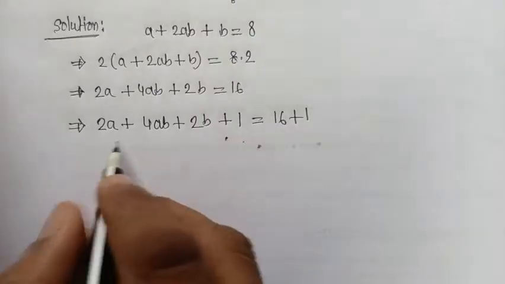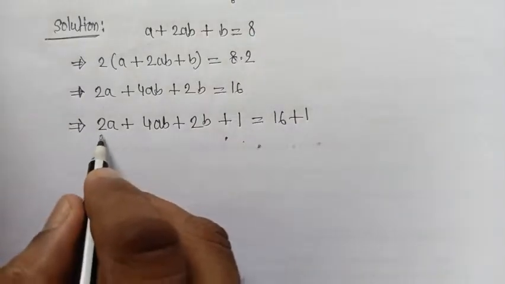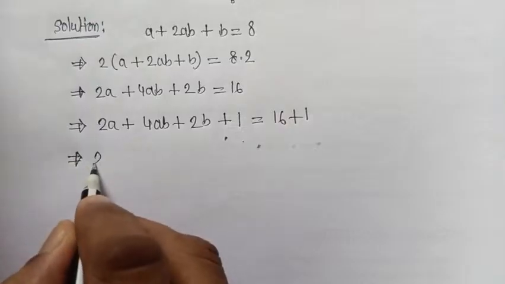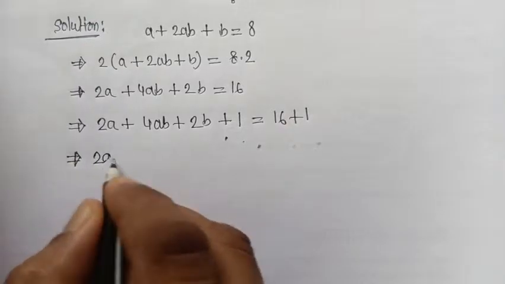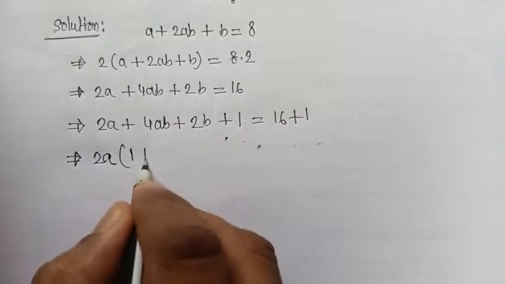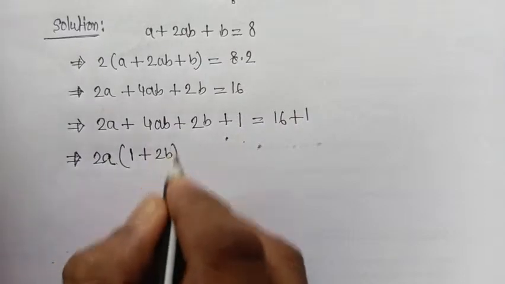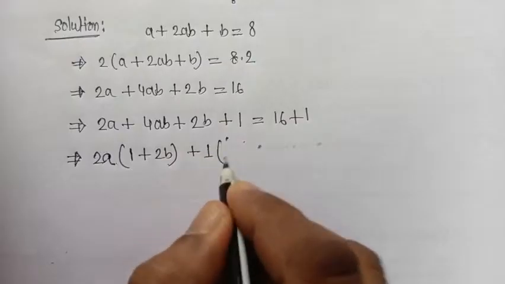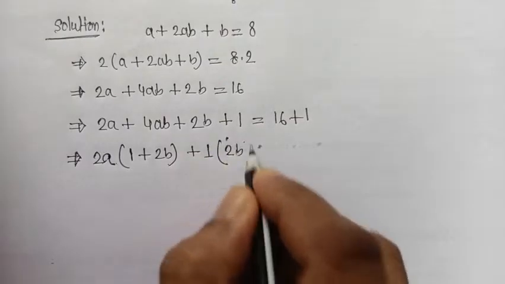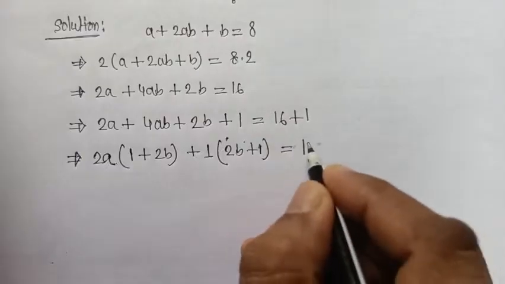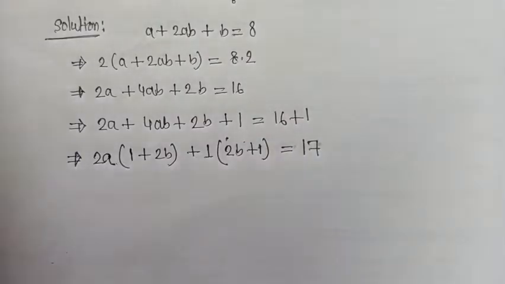So here, taking 2a common, we get 2a into (1 plus 2b), and then taking 1 common, that will be 2b plus 1, and the right side will be 17.